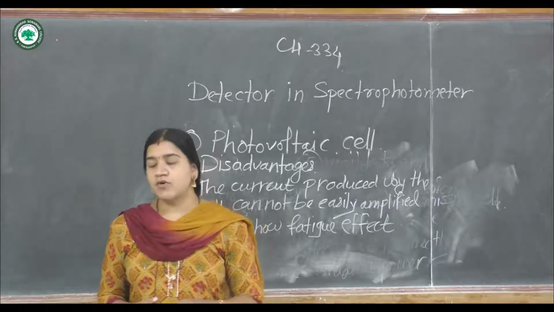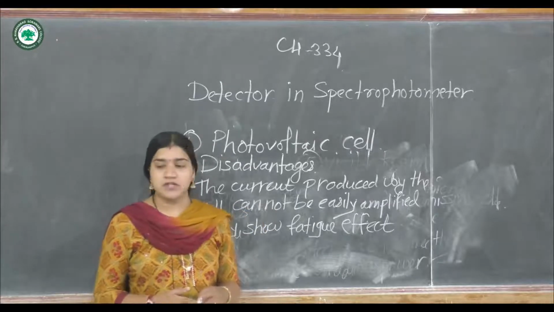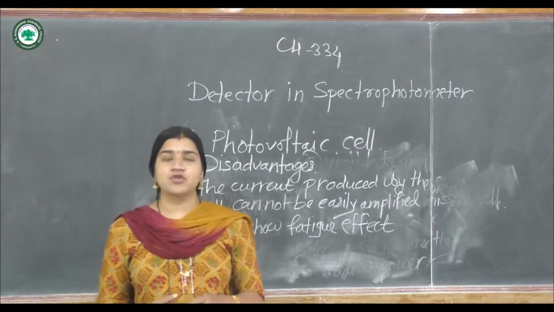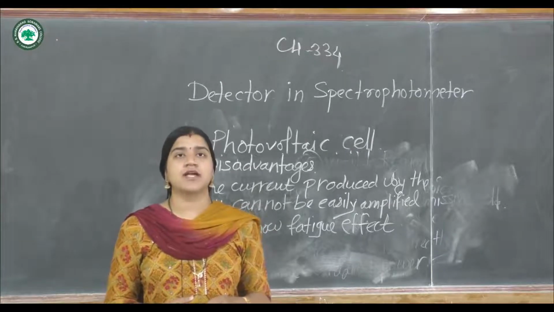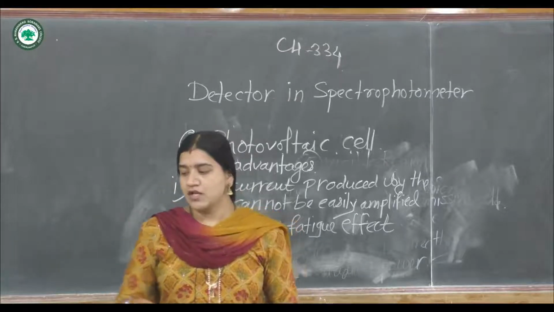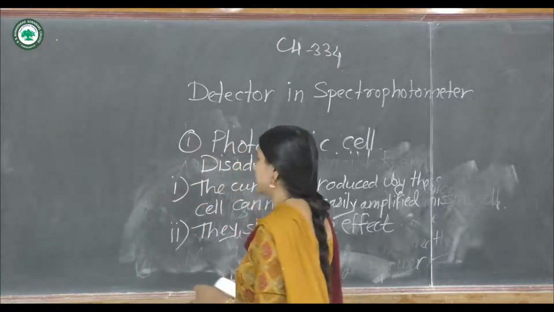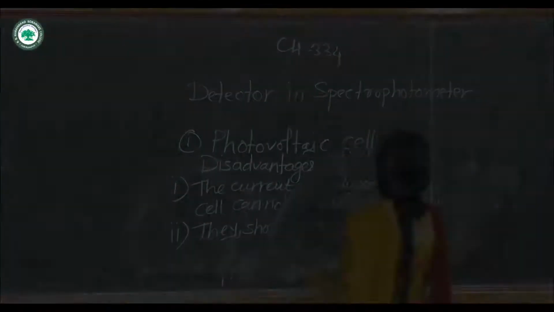The next type of detector which is commonly used is the phototube, also known as the photoemissive tube. So the second type of detector is the photoemissive tubes.